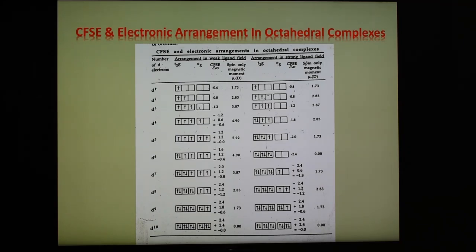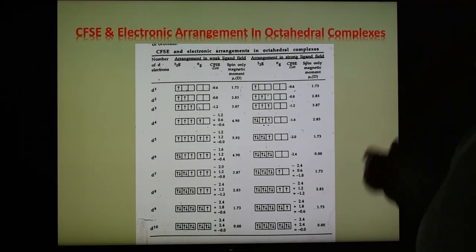Now it is also possible to distribute the electrons, and this is the arrangement of electrons in octahedral geometry from d1 to d10.